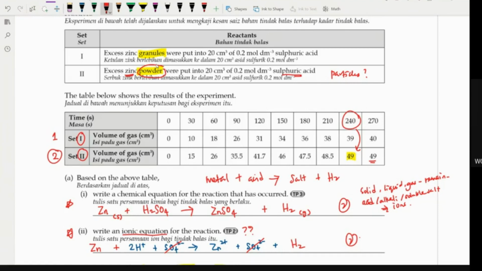Acid, no need to think too much, it will be hydrogen ions, right? Then how about zinc powder? So what are the particles? Anyone? What are the particles that can collide with each other?